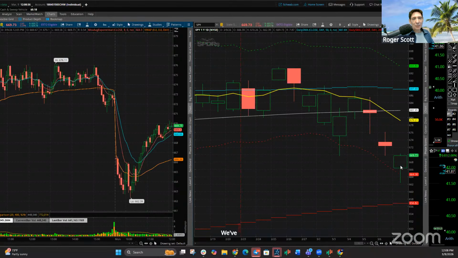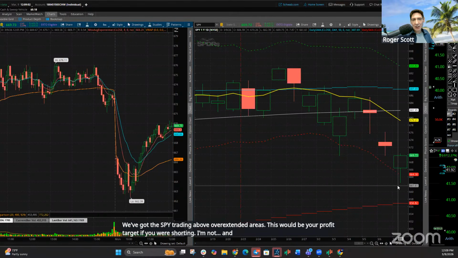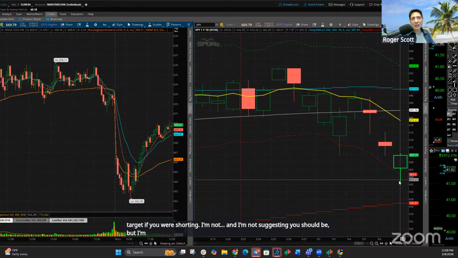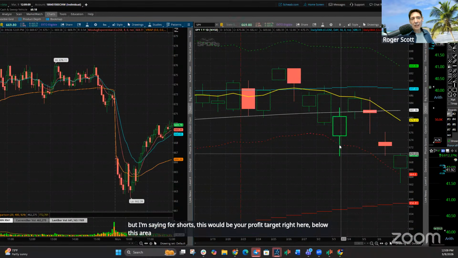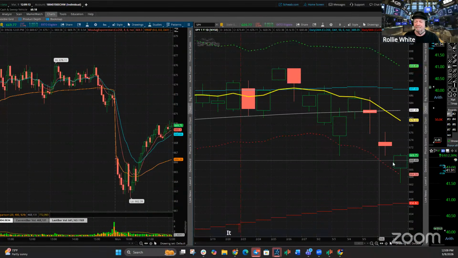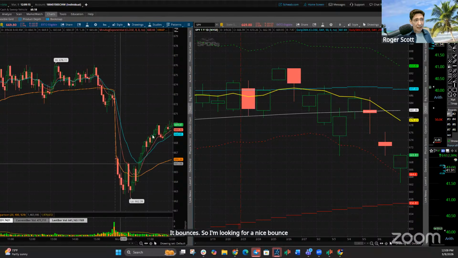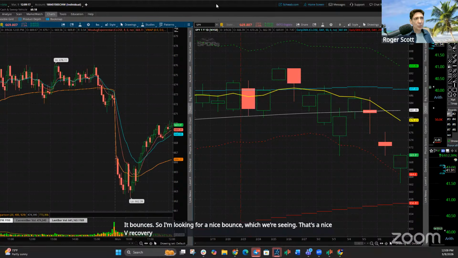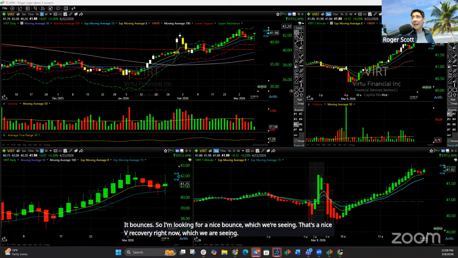We've got the SPY trading above overextended areas. This would be your profit target if you were shorting. I'm not suggesting you should be, but for shorts, this would be your profit target right here, below this area. Every time it comes here, it bounces. So I'm looking for a nice bounce, which we're seeing. That's a nice V recovery right now, which we are seeing. So I like what I'm seeing there.